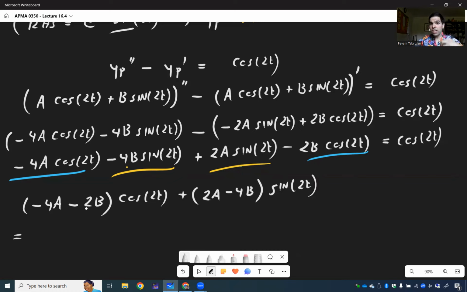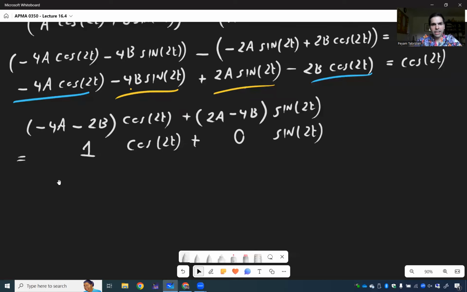On the other hand, we have cosine of 2t, but cosine of 2t is 1 cosine of 2t plus 0 sine of 2t. And just like for polynomials, for cosine and sine you can just compare the coefficients. So what this tells you is minus 4a minus 2b is 1, and 2a minus 4b is 0.